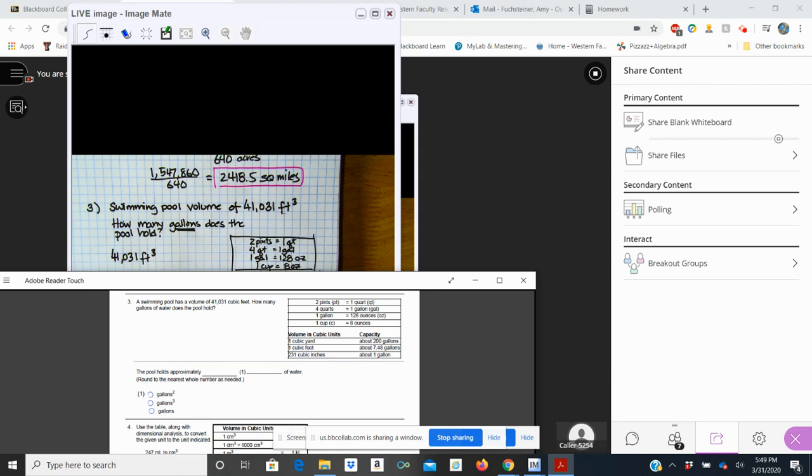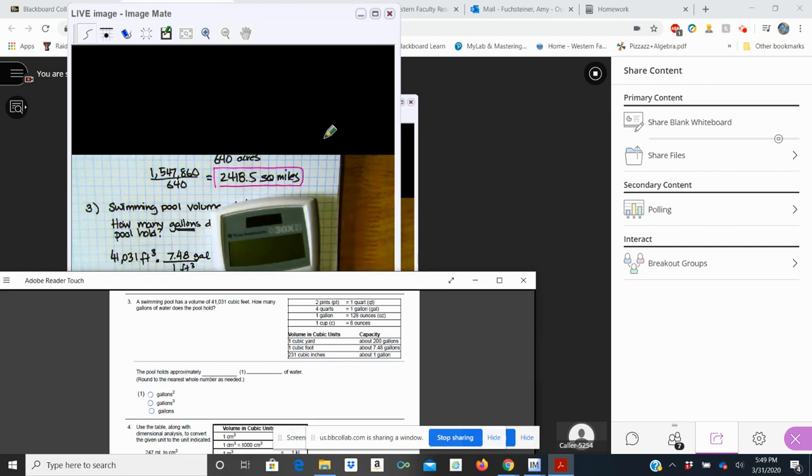How many gallons does the pool hold? So I'm going to put 1 cubic foot over or under 7.48 gallons. And then this would be 41,031 times 7.48, or 306,911.88 gallons.